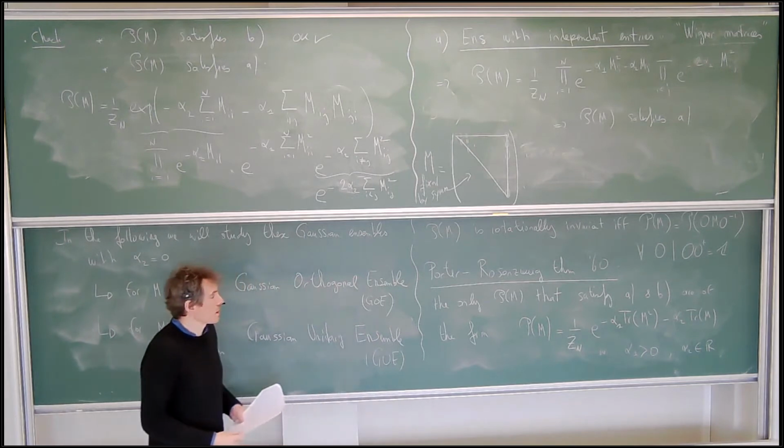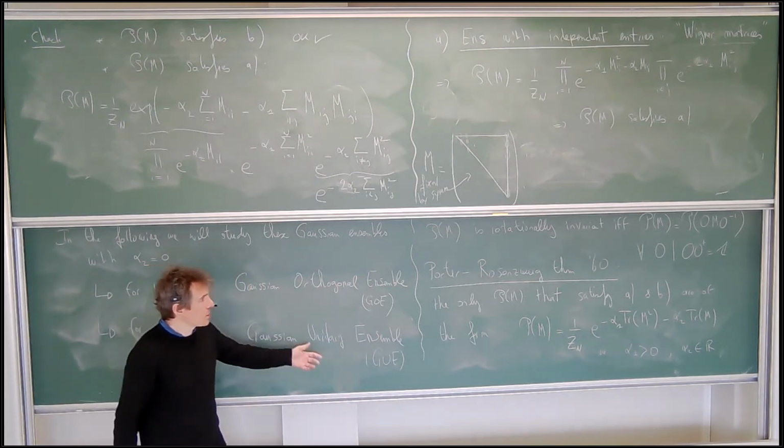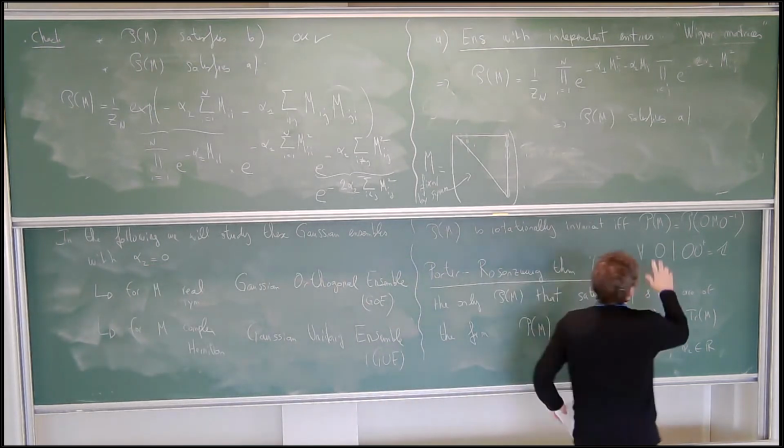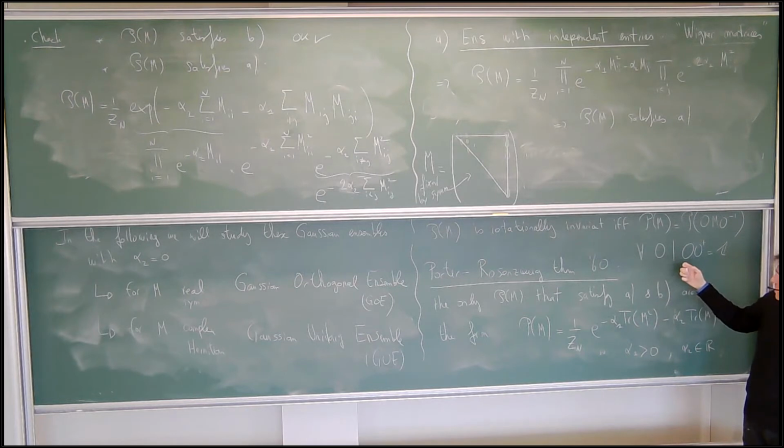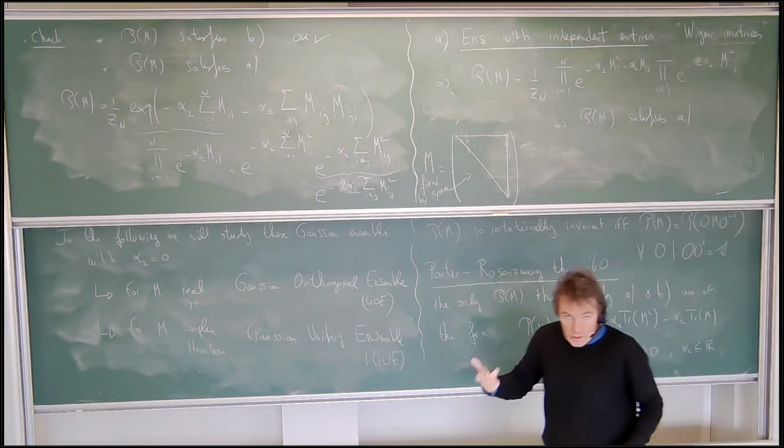It's also very famous. And unitary, because in this case, when you diagonalize your Hermitian matrices, the matrix that you have is not an orthogonal matrix, but a unitary matrix. So instead of having the transpose, you have the transconjugate.